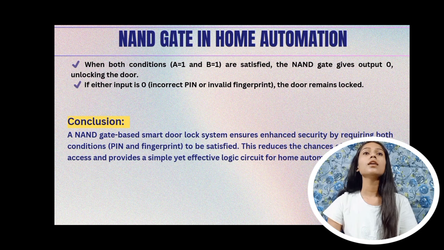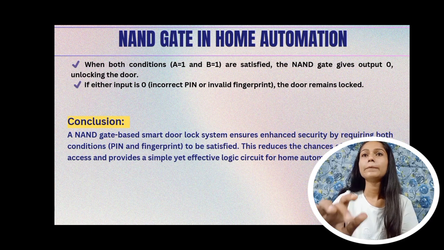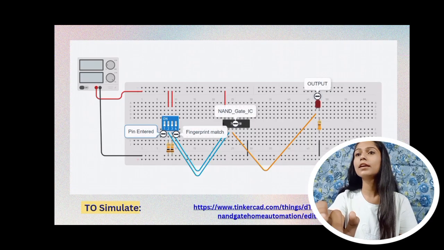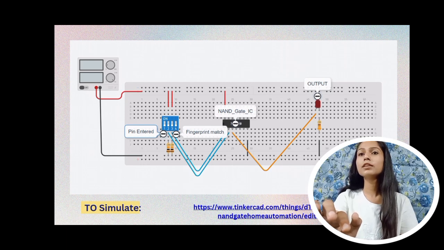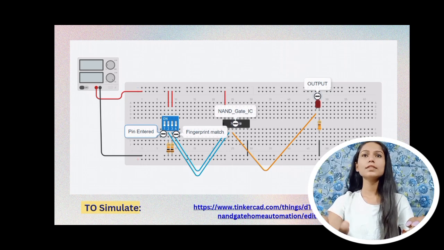In conclusion, the NAND gate based smart door locking system ensures enhanced security by requiring both conditions, PIN and fingerprint, to be satisfied. This is the simulation of the NAND gate circuit. We will simulate this. This is the circuit of the NAND gate in which the first input is the PIN entered and the other input is the fingerprint match.